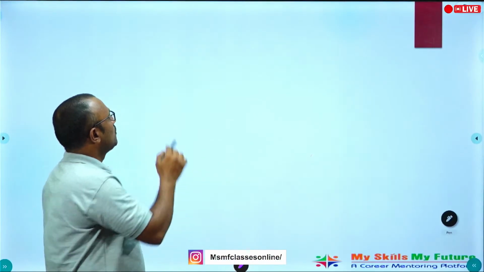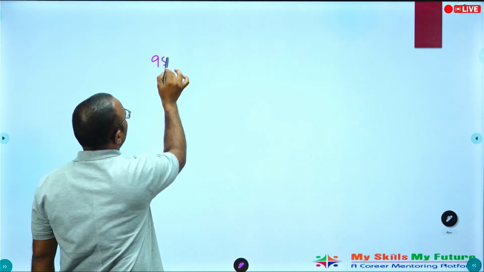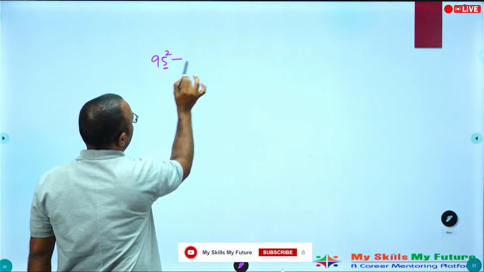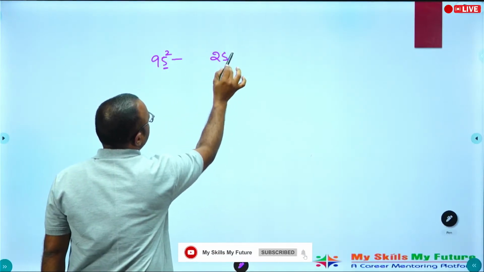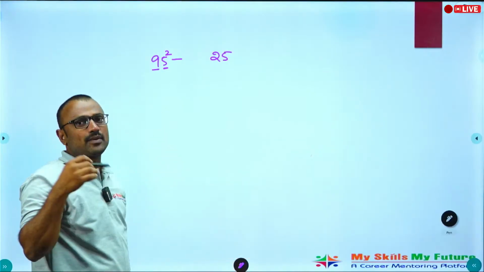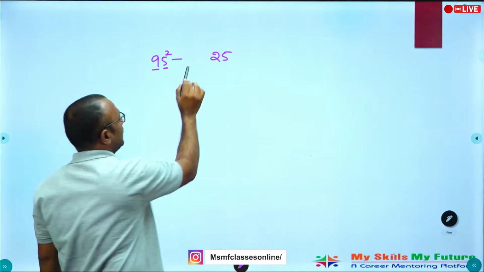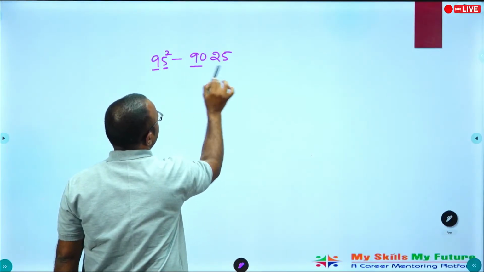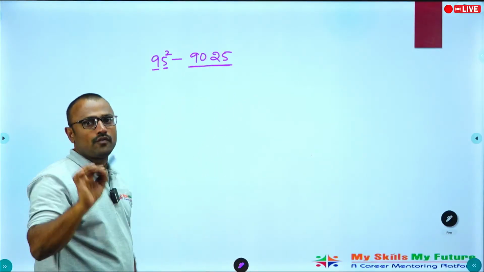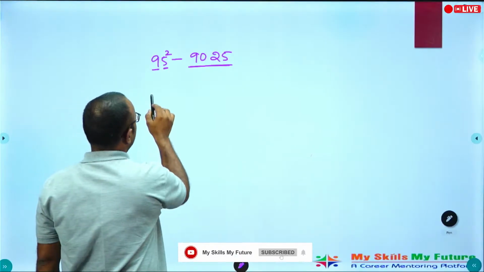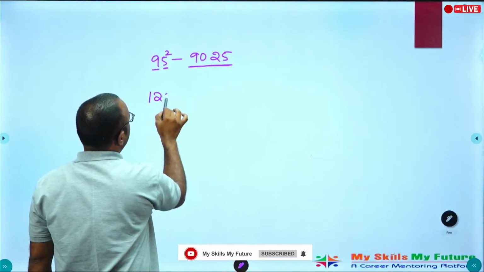What about 95 square? Write 5 square here, and 9 is there. The next number of 9 is 10, so 9 into 10 we get 90. So 95 square is 9025.